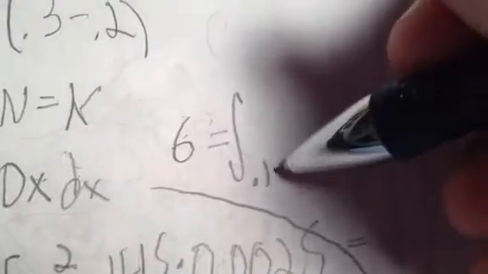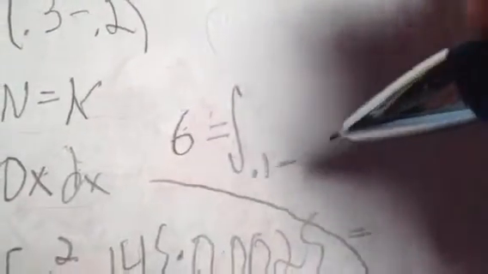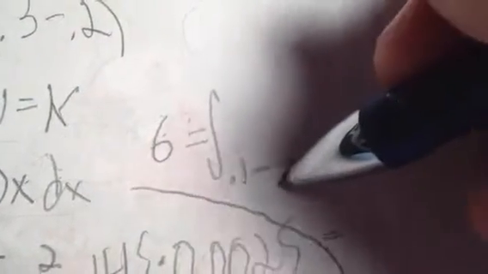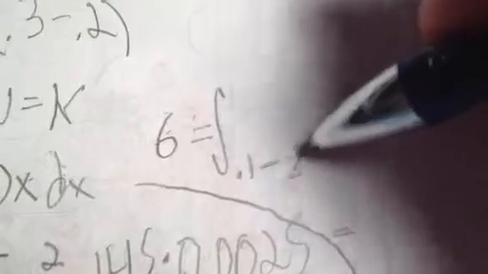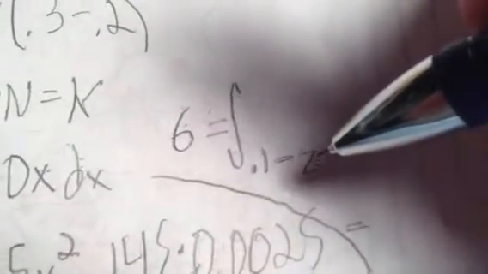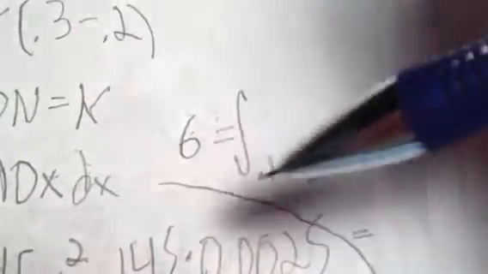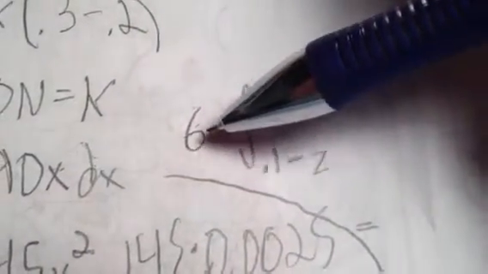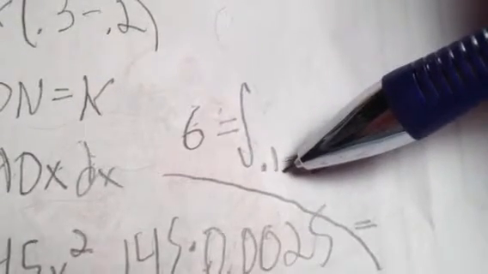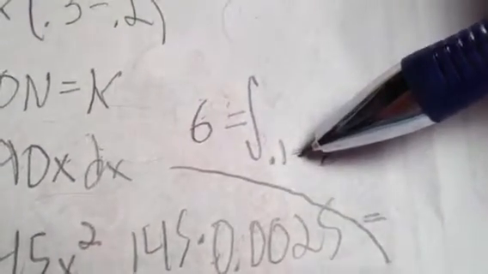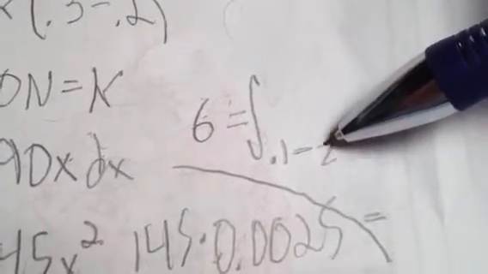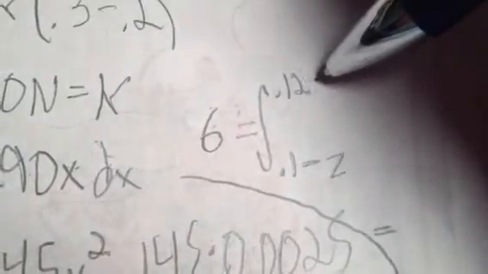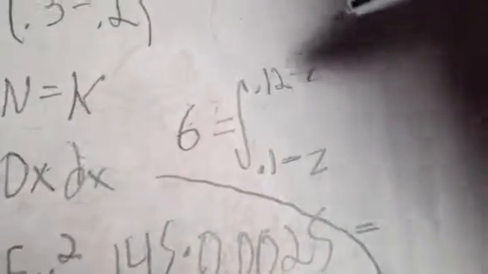So this 0.1 minus, I'm going to use Z. Z is your natural spring length. So here, this basically says from 0.1 meters outside the natural spring length to 0.12 meters outside the natural spring length.